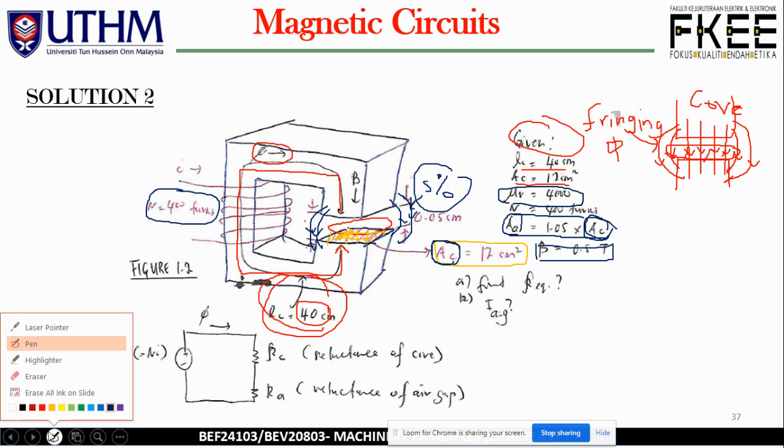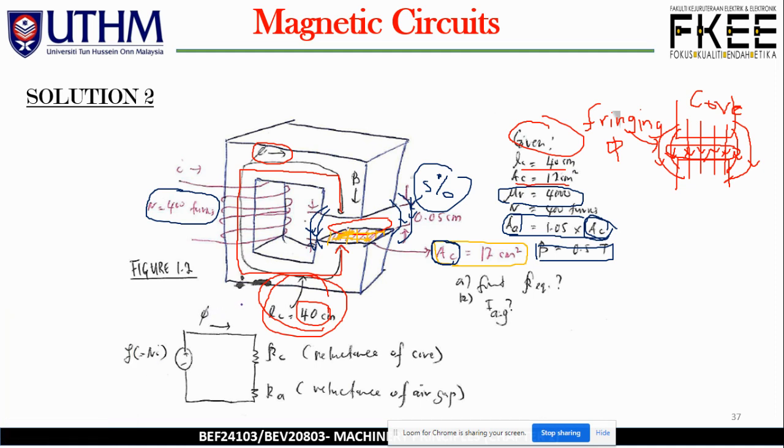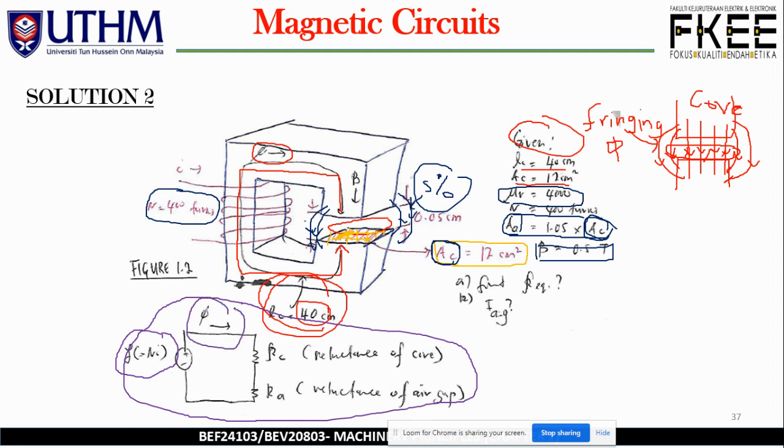First of all, make sure you draw the magnetic circuit according to the structure given. We have first the magnetomotive force F equal to Ni, and then the flux and its direction, as well as the reluctance of the core plus the reluctance of the air gap.